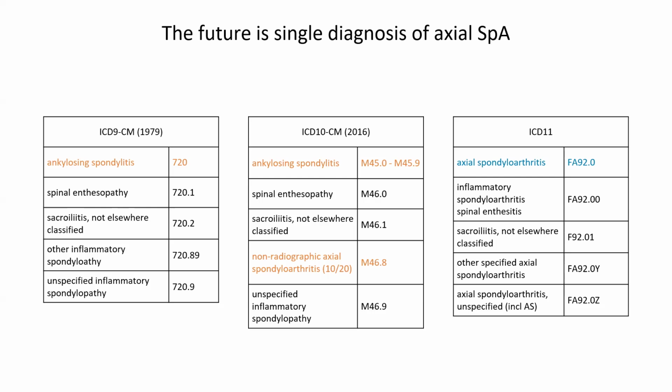And in our current ICD-10, which has been present since 2016, we have the term ankylosing spondylitis there, but also this term non-radiographic axial SPA. Note that as we move into the future, into ICD-11, which is not with us yet, but will be in the next few years, where's the term ankylosing spondylitis?